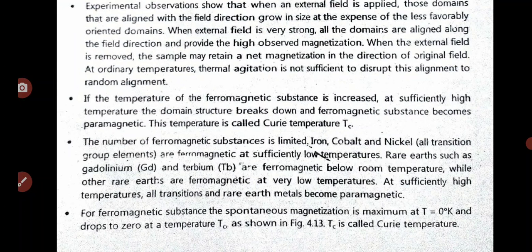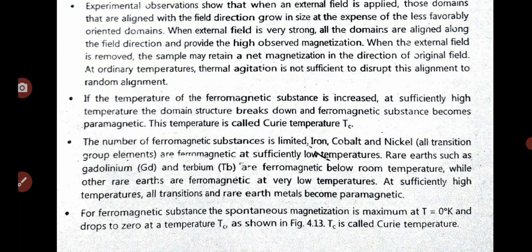If we increase the temperature above a critical value, the material behaves like a paramagnetic material. Rare earths such as gadolinium and terbium are ferromagnetic below room temperature, while the other rare earths are ferromagnetic at low temperature.